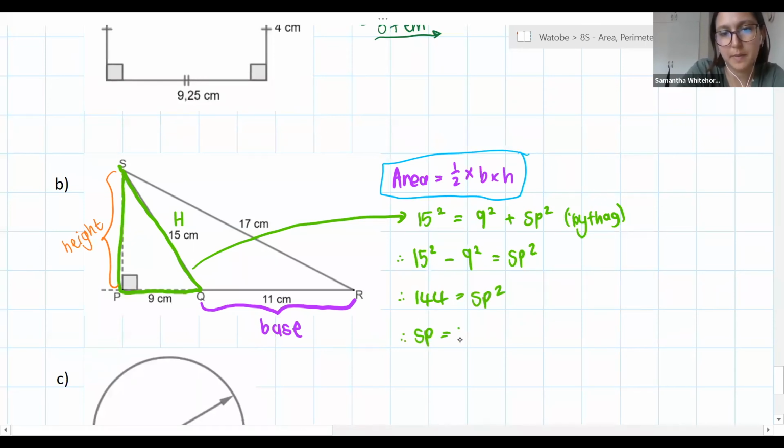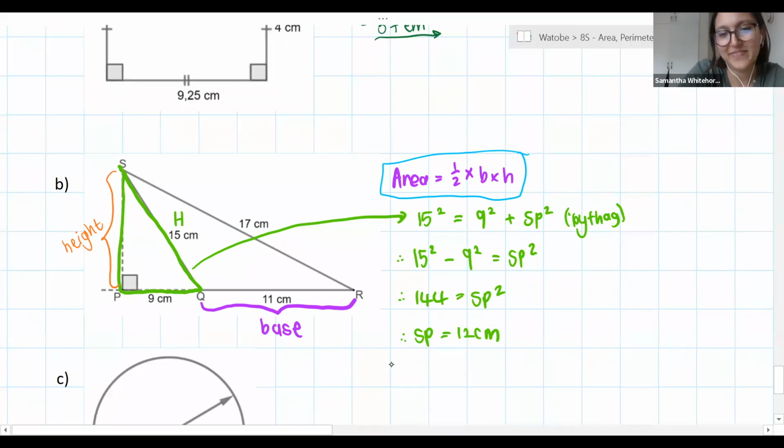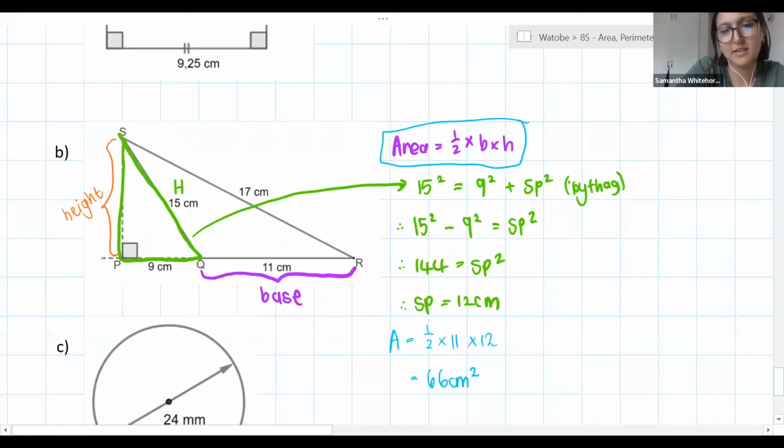Good, well done. Do you want to carry on with the area? Yes, please. Then for the area, I said half times 11 times 12, which gave me an area of 66 centimeters squared. Excellent, well done.